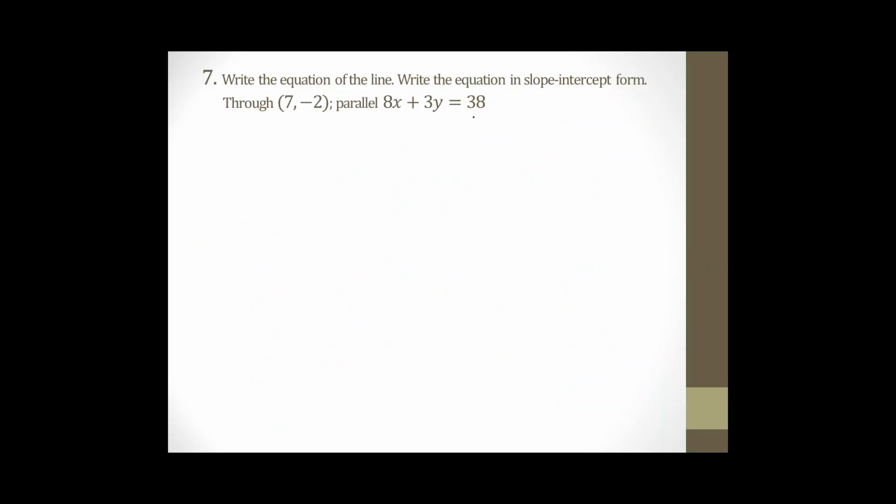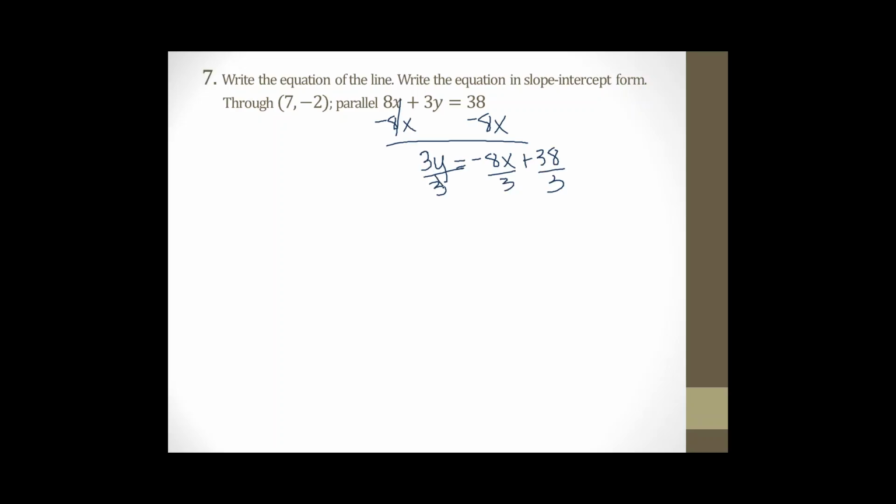The best way to figure out the slope would be to put it in slope-intercept form. So we want to get y by itself. I'm going to start by subtracting 8x on both sides. Then I'll have 3y equals negative 8x plus 38. And then to isolate y, I'm going to divide everything by 3.